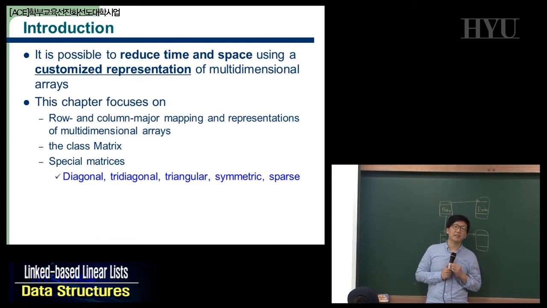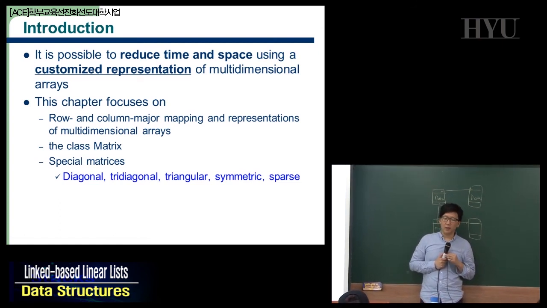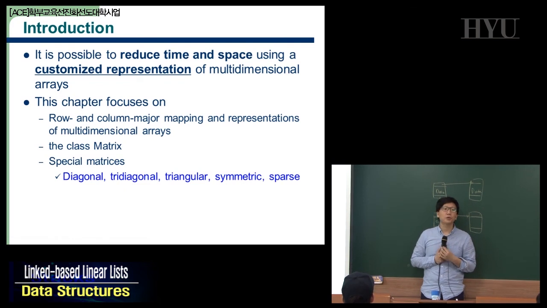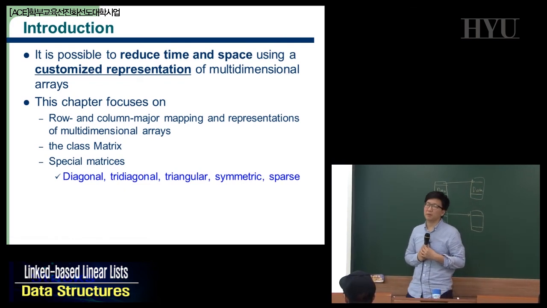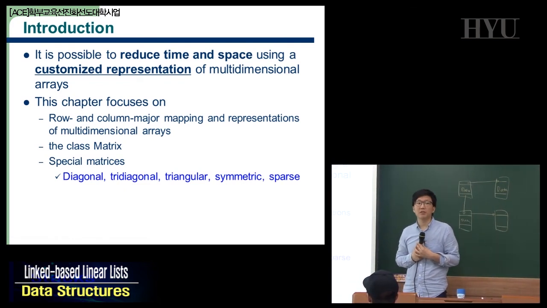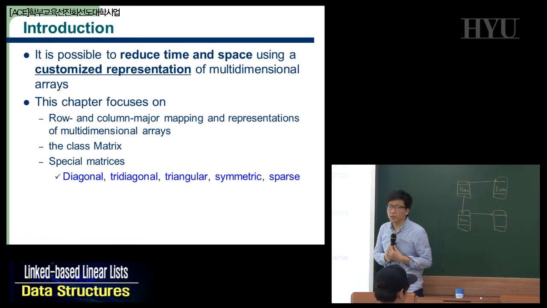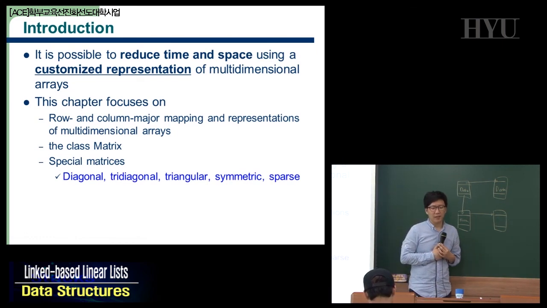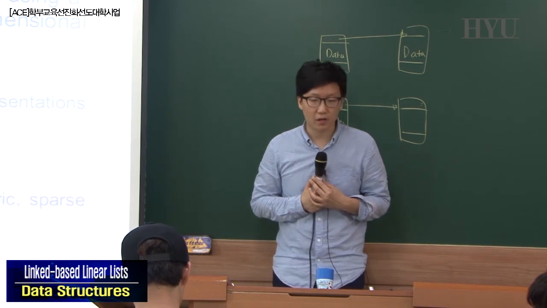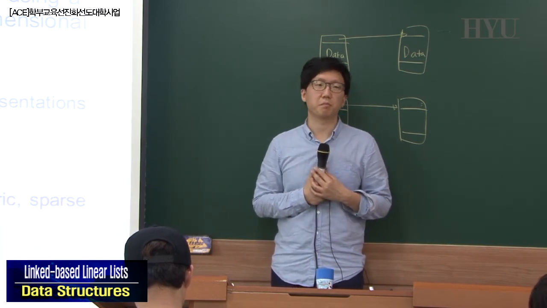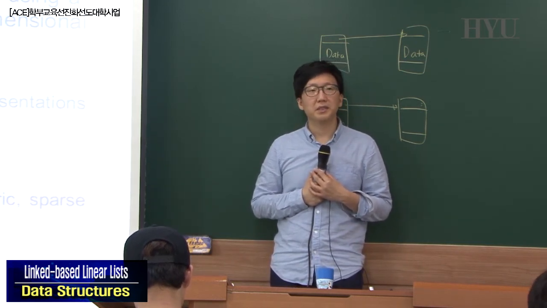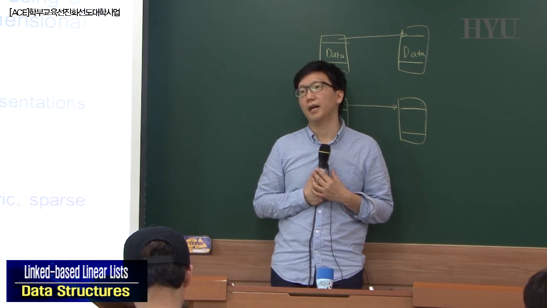And what are the special types of matrices? I think it's the next 4.2 slide. They have examples of different types of matrices, many of which you already know: diagonal, tri-diagonal, triangular, symmetric, sparse. We'll take a look at them just briefly.